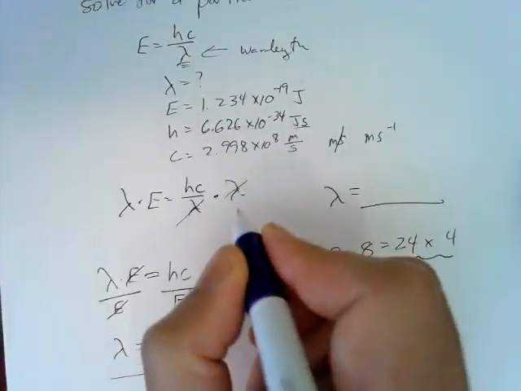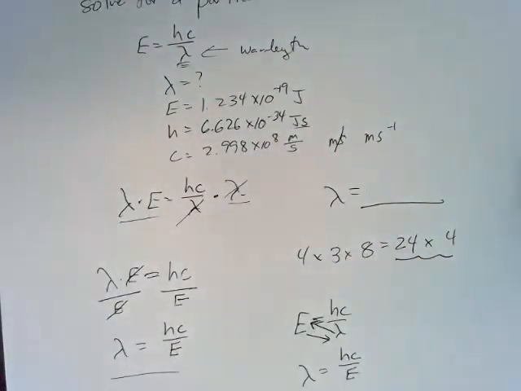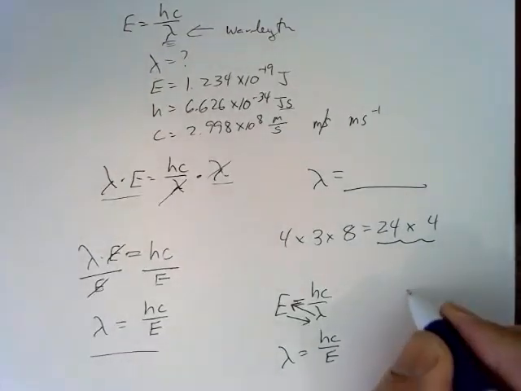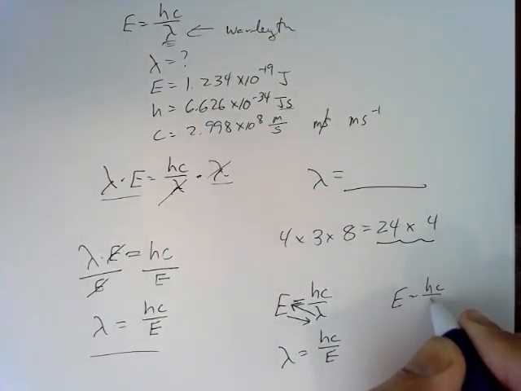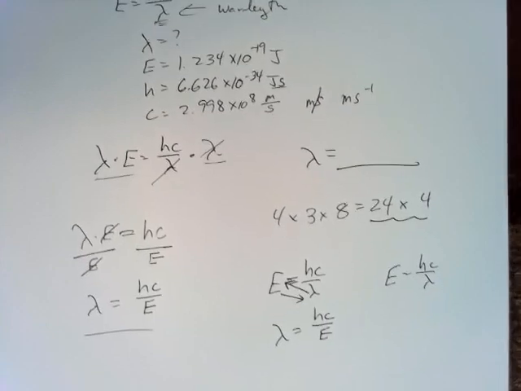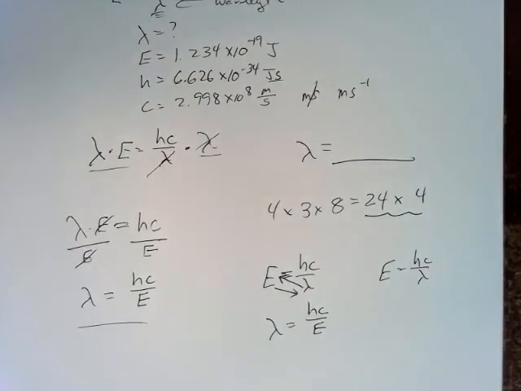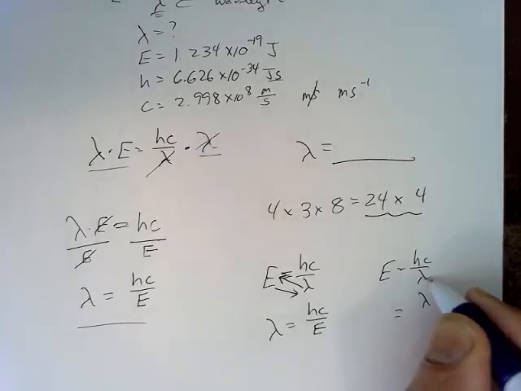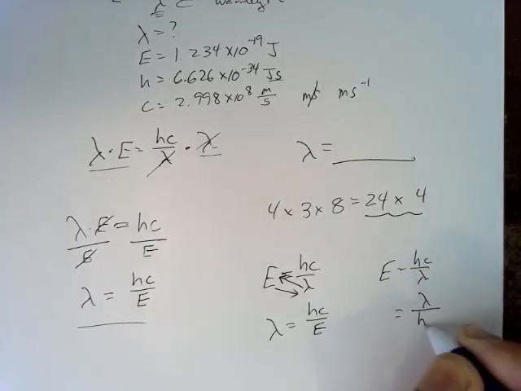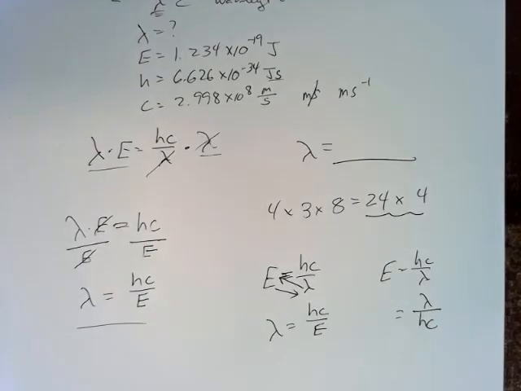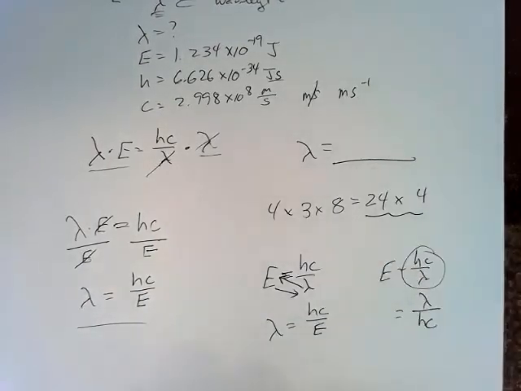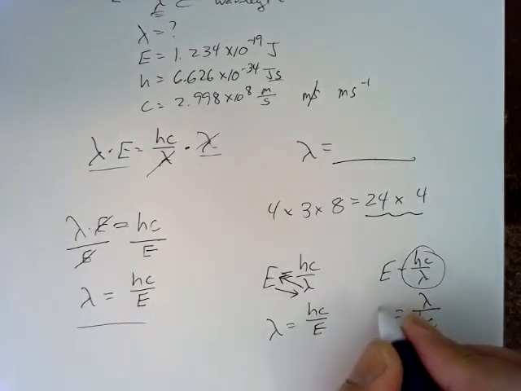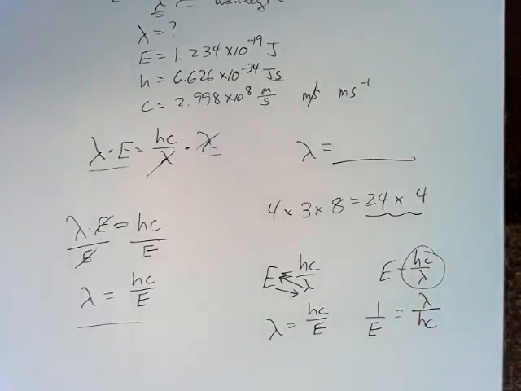So we got there by simply multiplying both sides. There is another way to get there. We have E is equal to hc over lambda. Some of you might have thought, what if we take the reciprocal of this side? If we turn the denominator into the numerator and the numerator into the denominator, that's called taking the reciprocal. If we do something to one side, we also have to do something to the other side, so we would have to take the reciprocal of the other side. So we'd have 1 over E now.